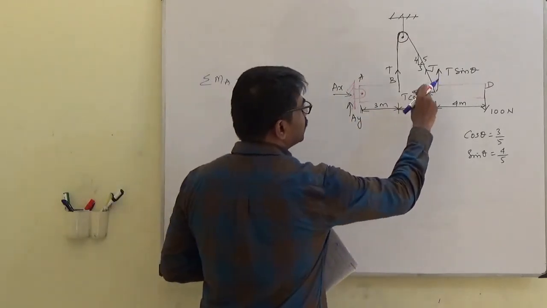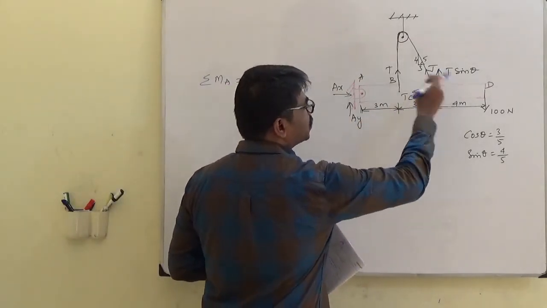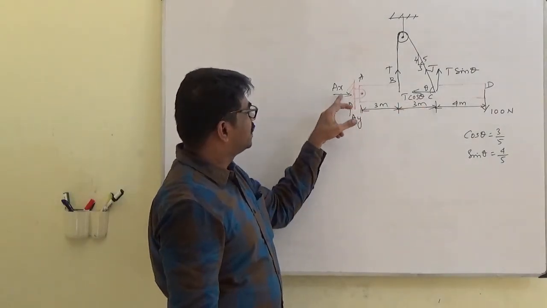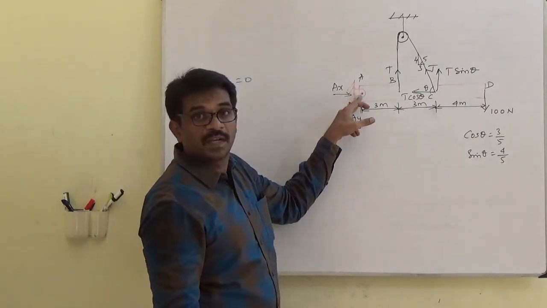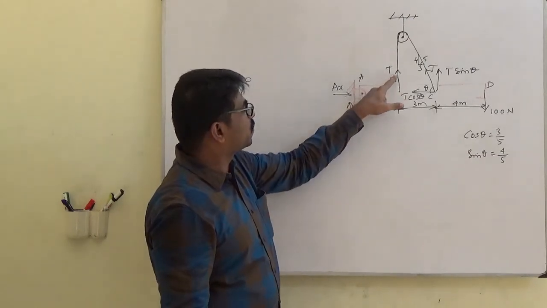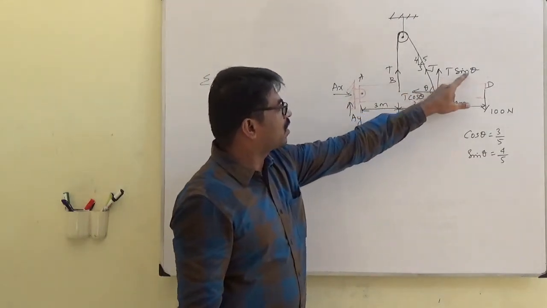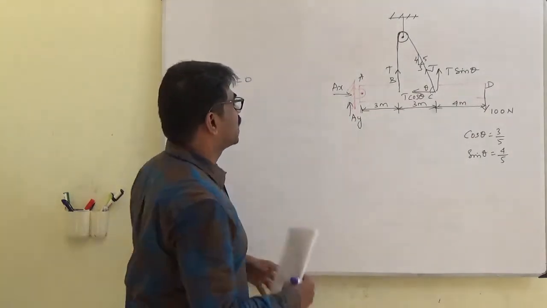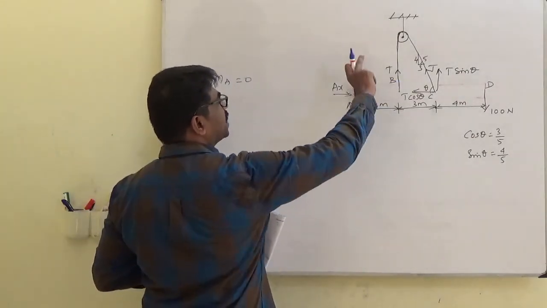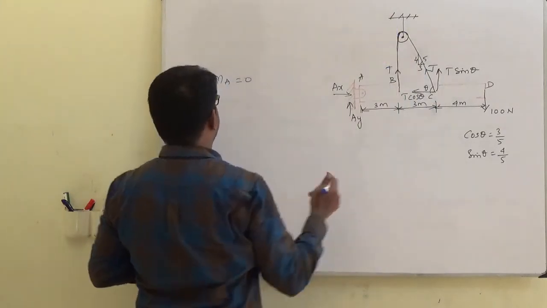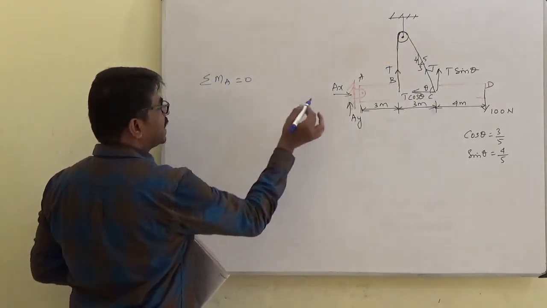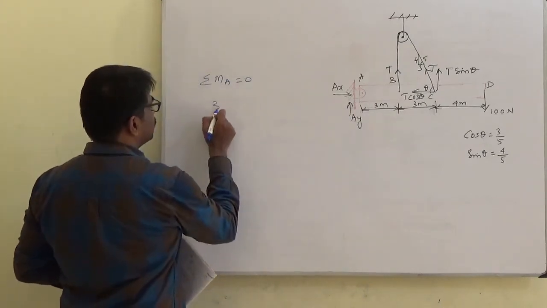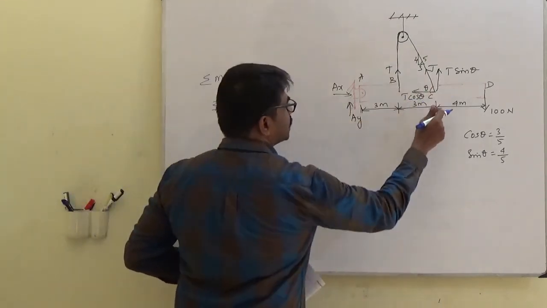So it is resolved into two components. The T cos theta will not produce a moment. These two forces will not produce a moment about this point. Only the vertical component T sin theta and the 100 force will produce moment. So this will produce an anti-clockwise moment, and this will produce a clockwise moment. So I'll take anti-clockwise as positive. The perpendicular distance is 6.